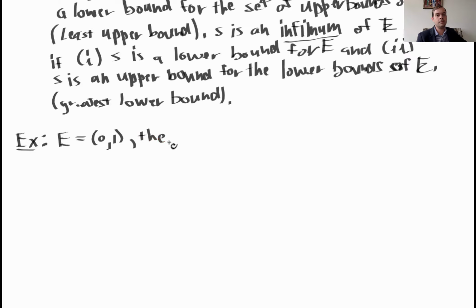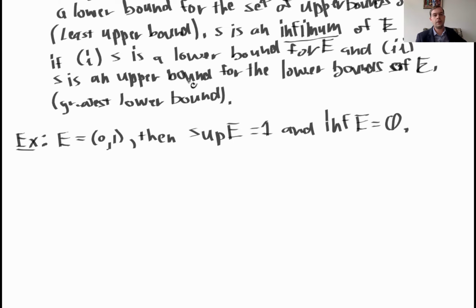Then my claim is that the supremum, which is written sup of E, is equal to 1, and inf of E is equal to 0. So how do we show this?